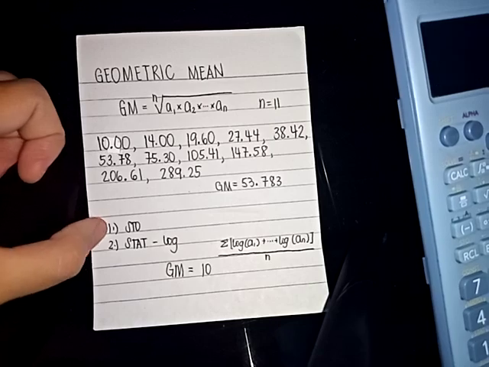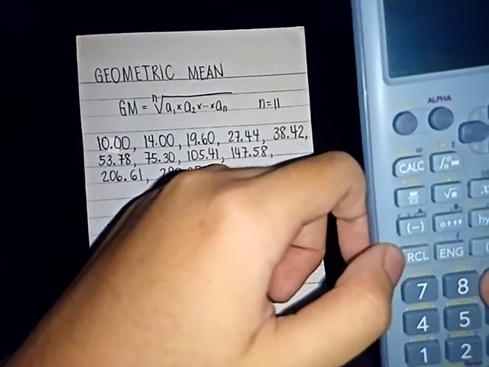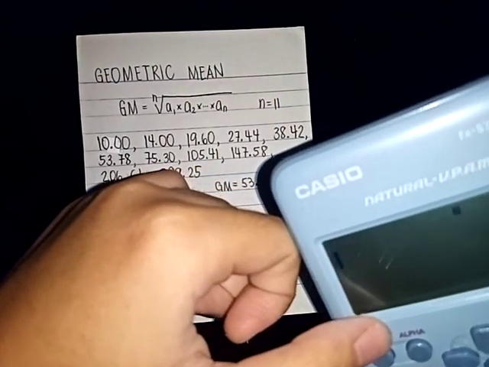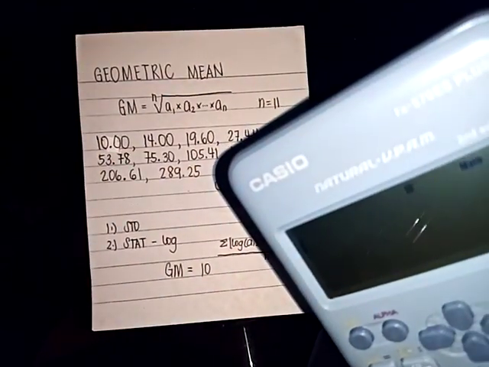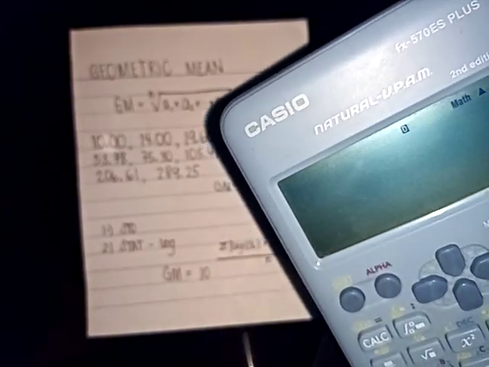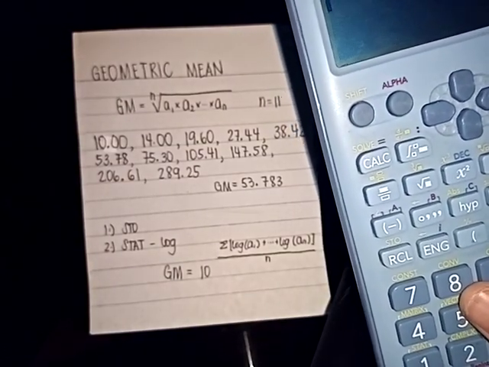So, I am referring to the store or STO function here in this calculator, this particular 570 ES Plus of the Casio FX series, and this function enables us to store values.